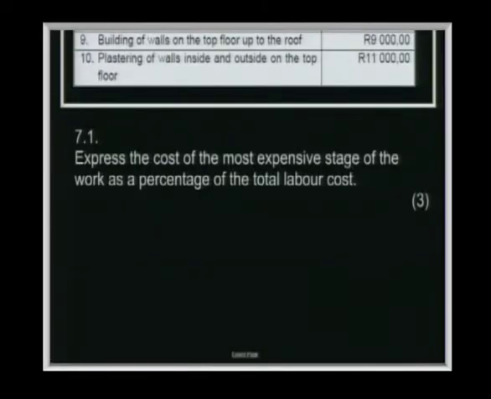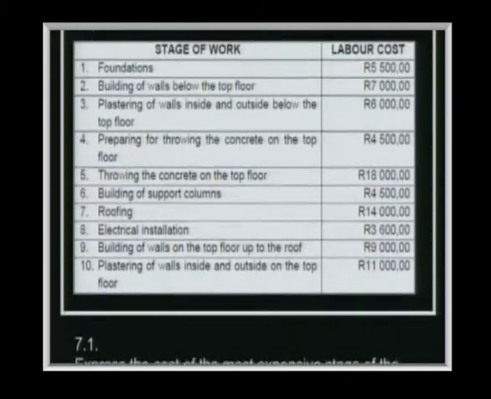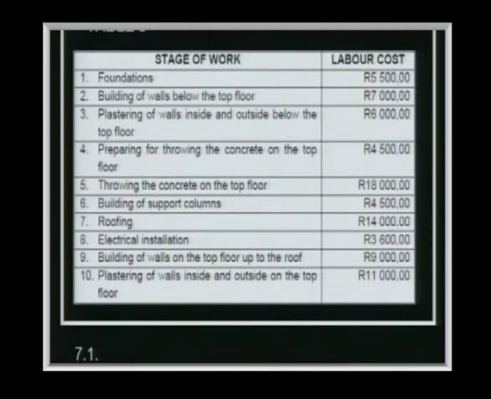Express the cost of the most expensive stage of the work as a percentage of the total labor cost. So we need to look for the most expensive stage. We need to find the biggest number here. Looking at this, it looks like it's going to be that 18,000.